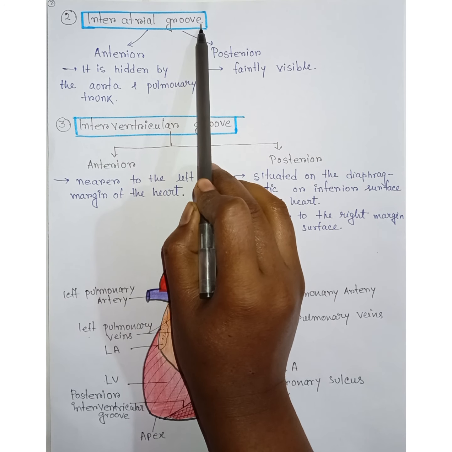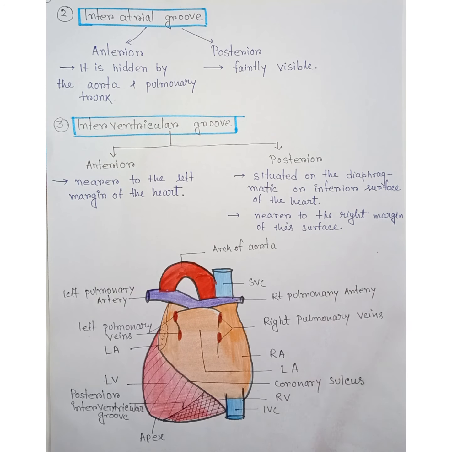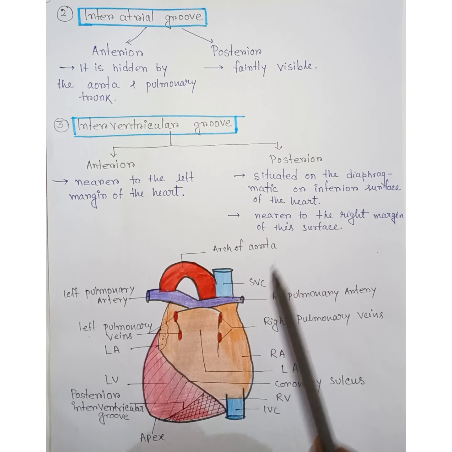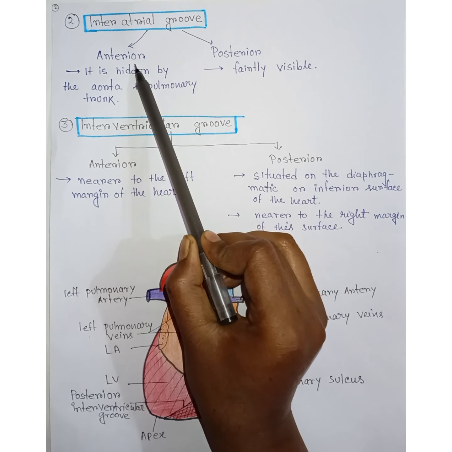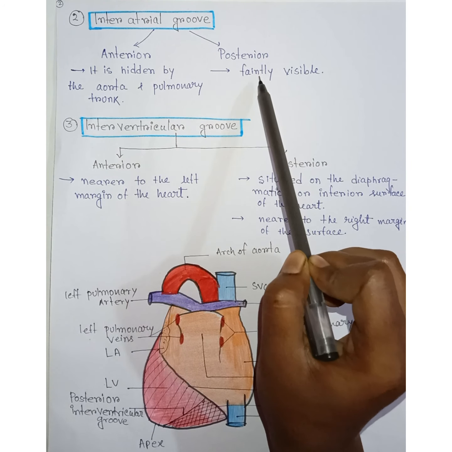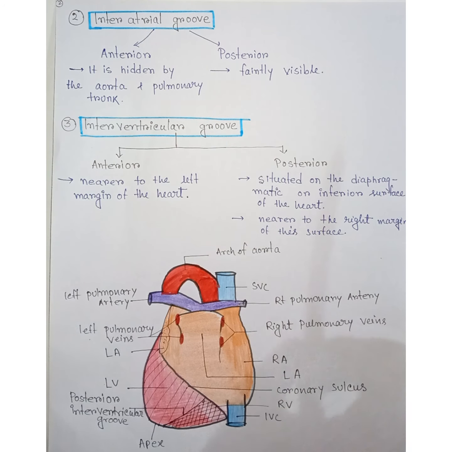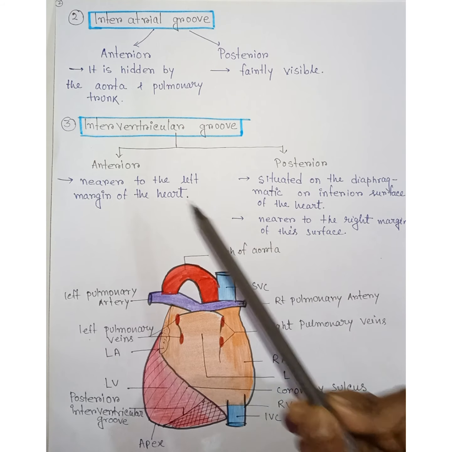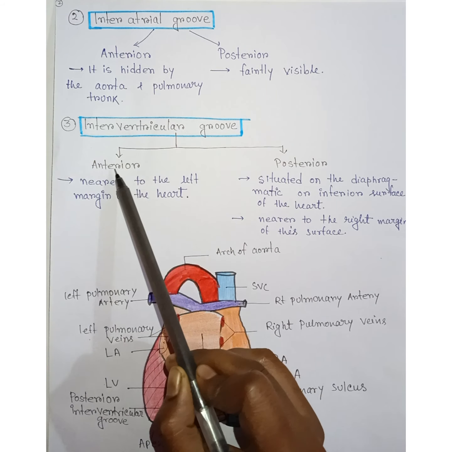Interatrial groove. The interatrial groove is faintly visible posteriorly, while anteriorly it is hidden by the aorta and pulmonary trunk. Interventricular groove.